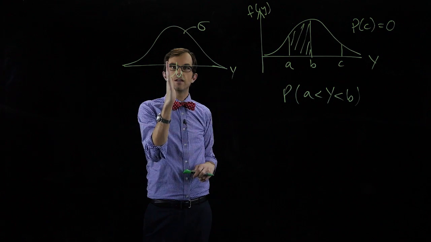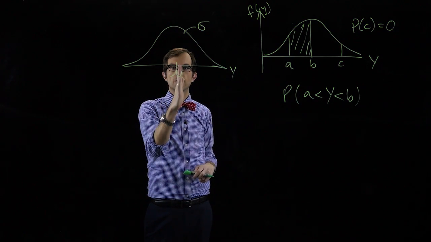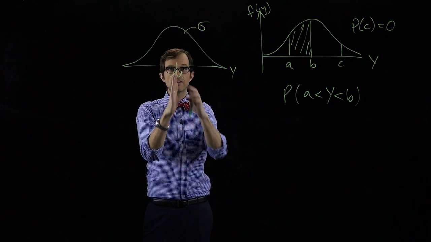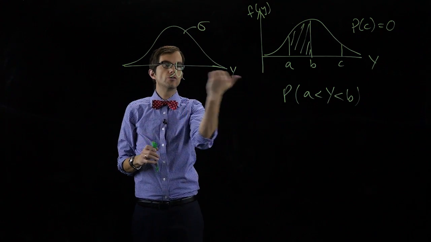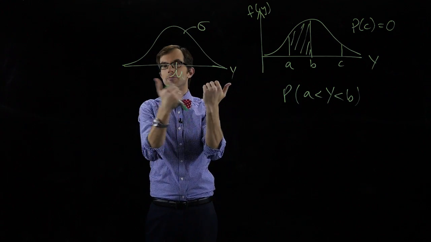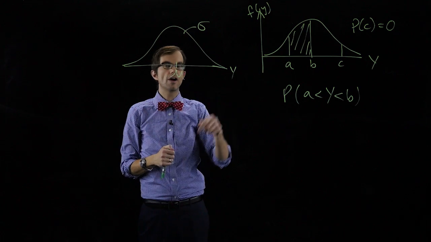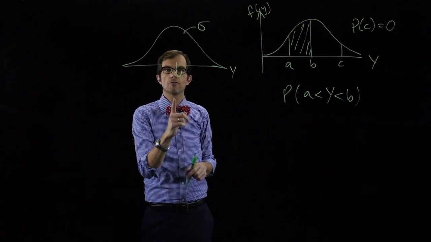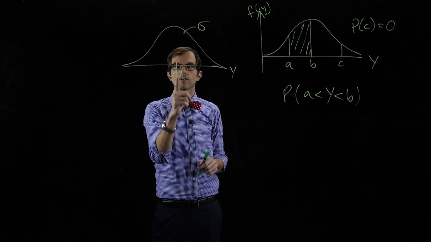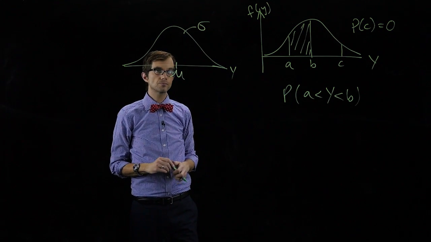We said that the normal distribution is centered about mu. It's symmetric, and it goes off into infinity in both directions. Okay, so it goes off into positive infinity and negative infinity from the center point, mean mu.